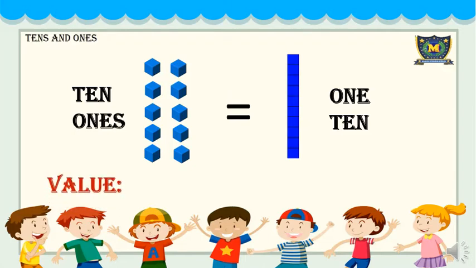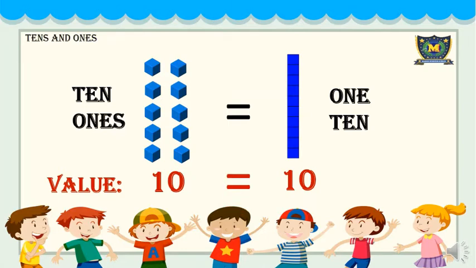Okay, let's start with the 10 ones. We have here 10 units. The value of 10 units is 10. Then let's proceed to 1 ten. We are using here a rod, and the value of 1 rod is 10. As we can see, both of them have the value of 10, right? So we can conclude that the two are equal.